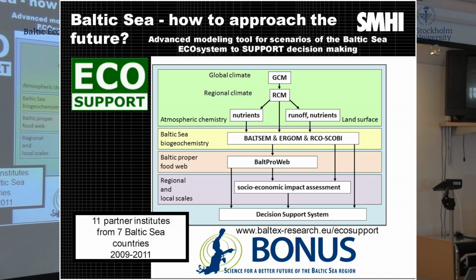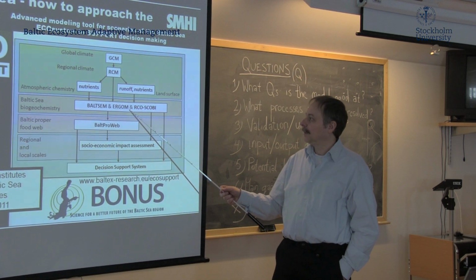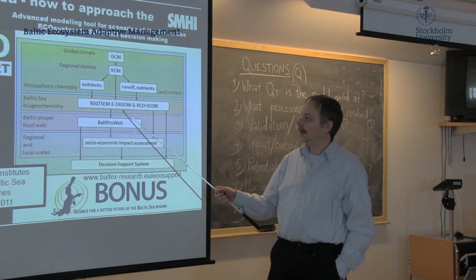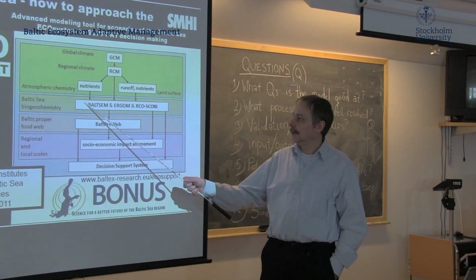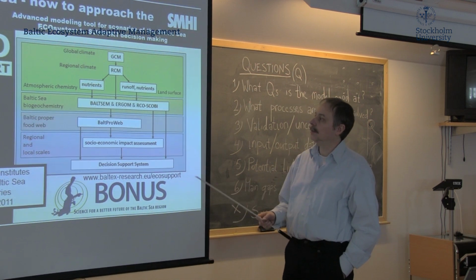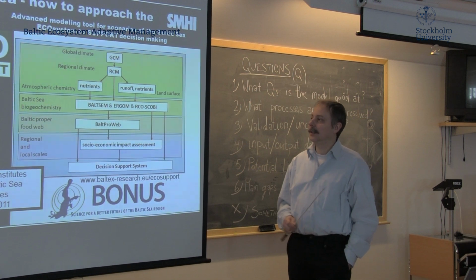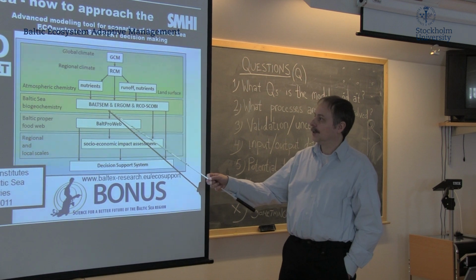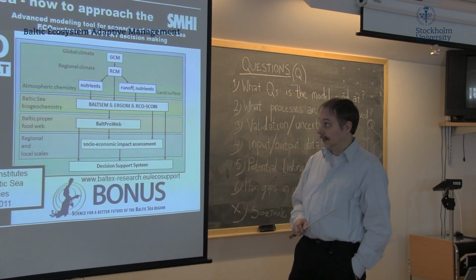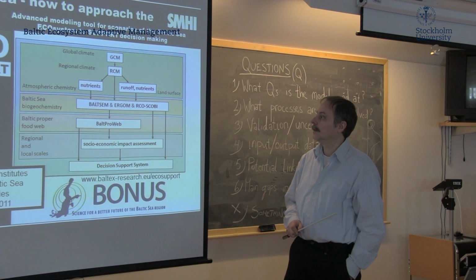So that's a three-dimensional model. This is ERGOM from Germany, from the IOW in Warnemünde. It's also a three-dimensional model. And we have a horizontally integrated model for each of the basins, and then all the basins are coupled to each other. That's BALTSEM at the Nest Institute in Stockholm.